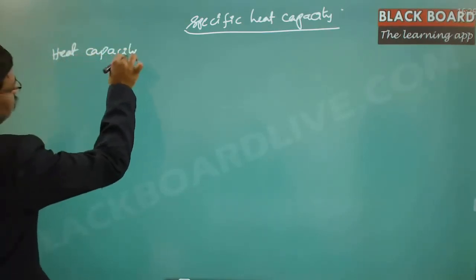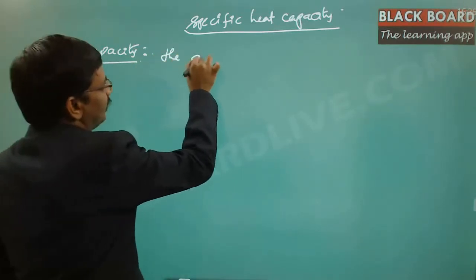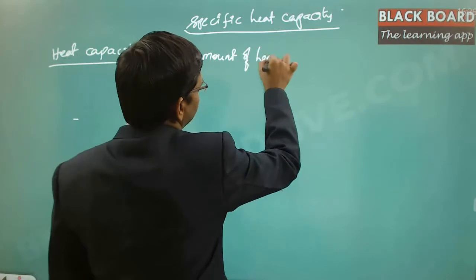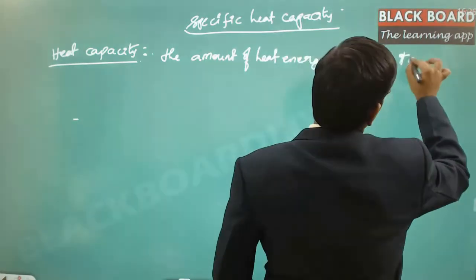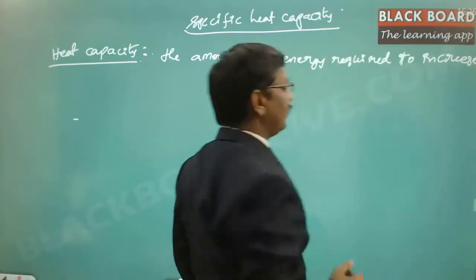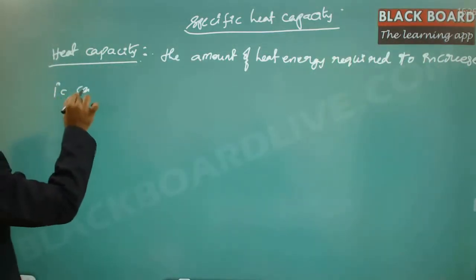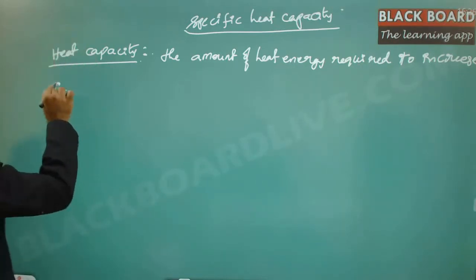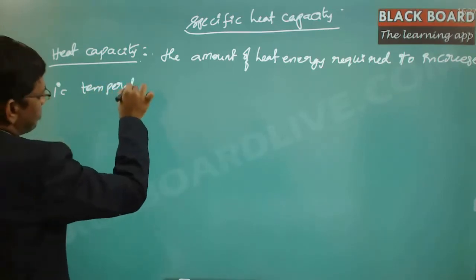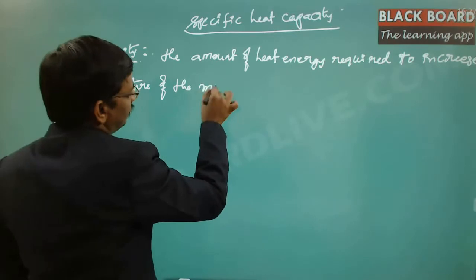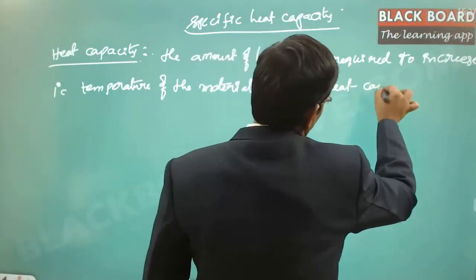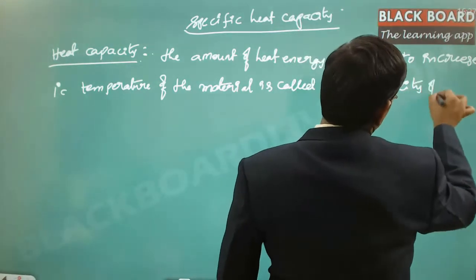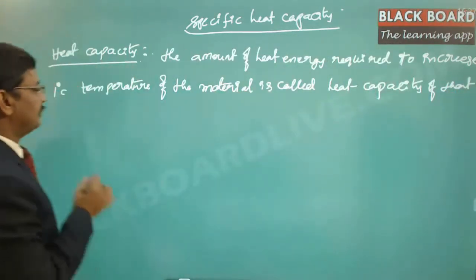Heat capacity is nothing but the amount of heat energy required to increase the temperature of the material by 1 degree centigrade. That is called the heat capacity of that material.